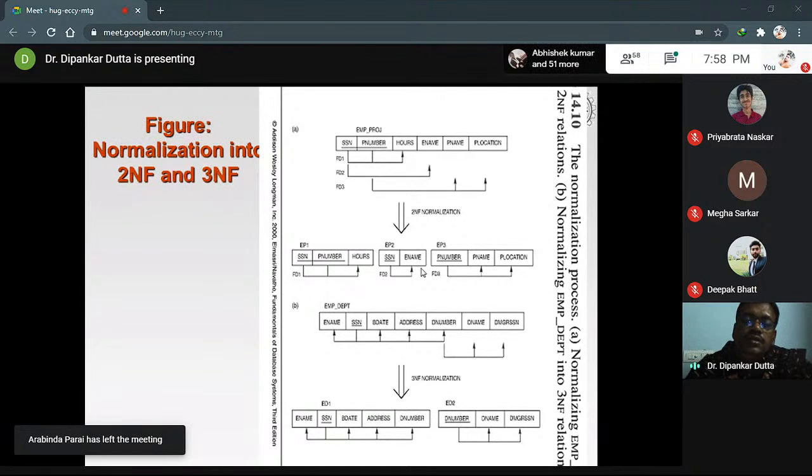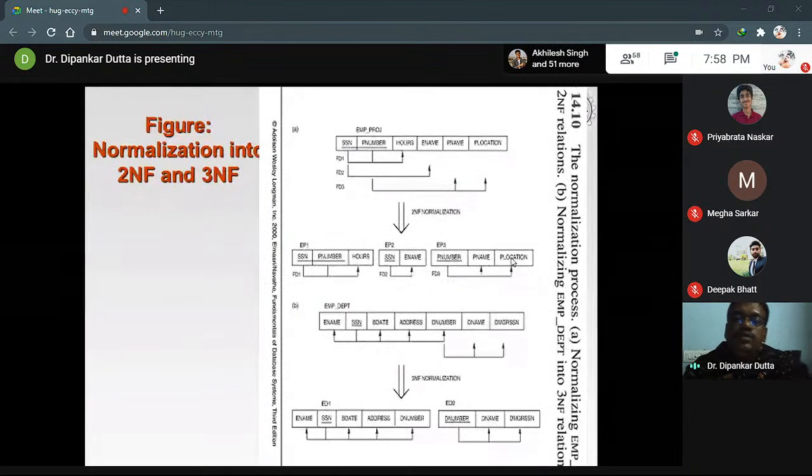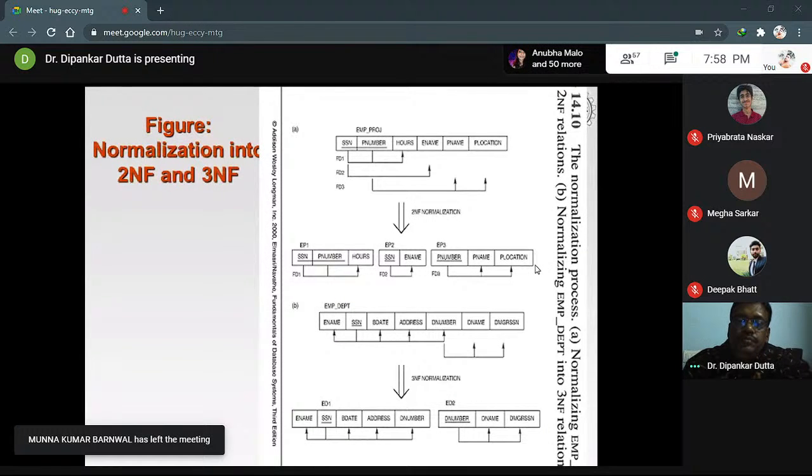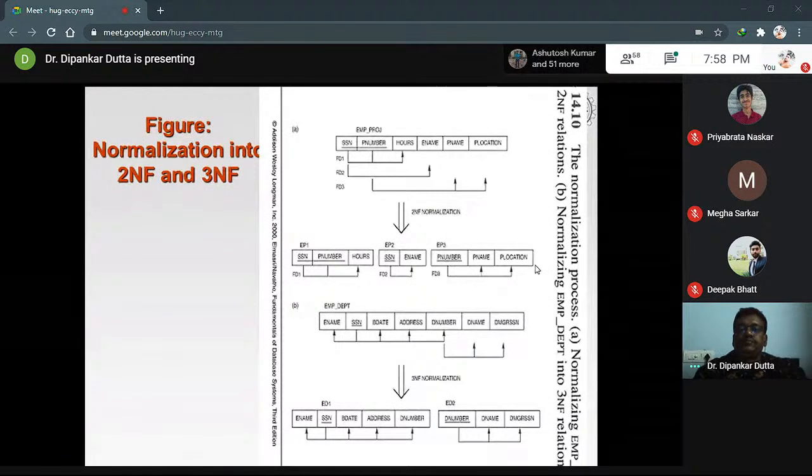Then another table with ename that depends upon SSN, and another table with P name and P location that depends upon P number. So we are dividing this table into 3 tables, and each of these 3 tables is in second normal form. Okay, I think it is clear.